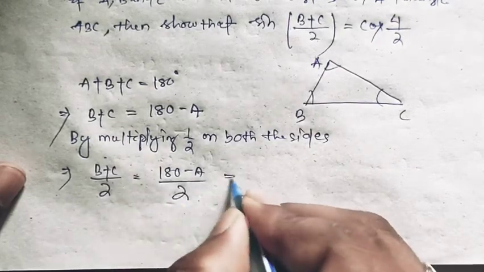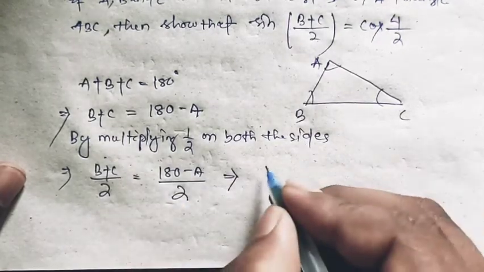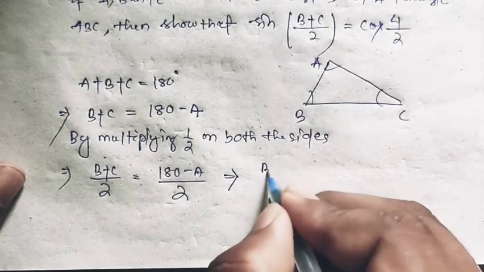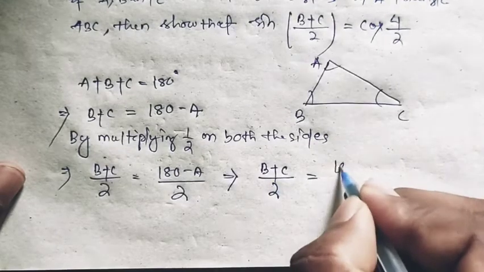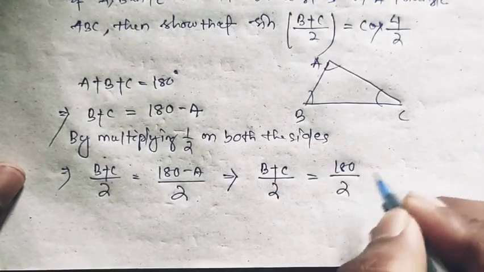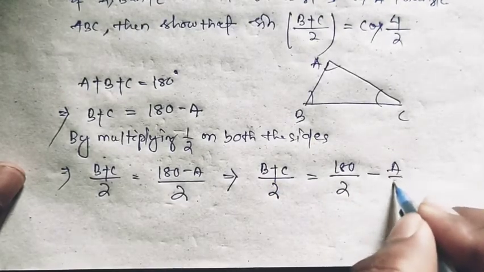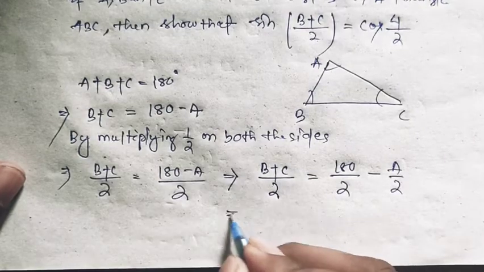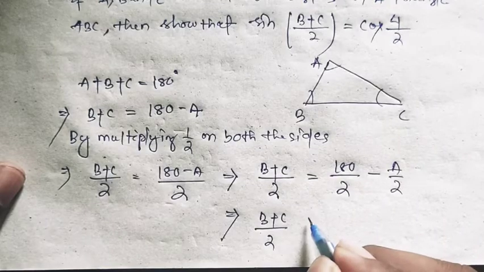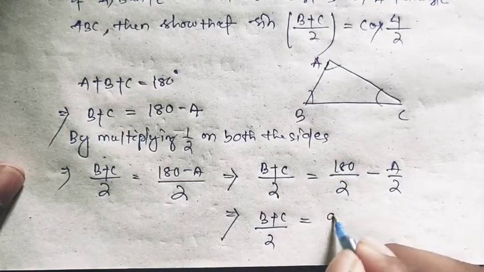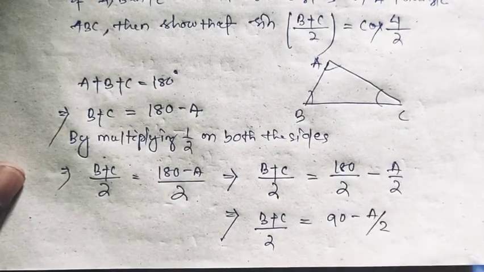From here I can write B plus C by 2 is equal to 180 by 2 minus A by 2, right? This implies B plus C by 2 is equal to 90 minus A by 2, right?